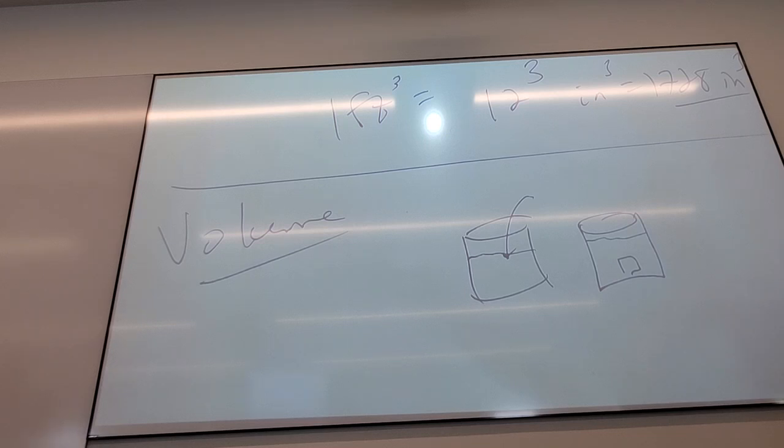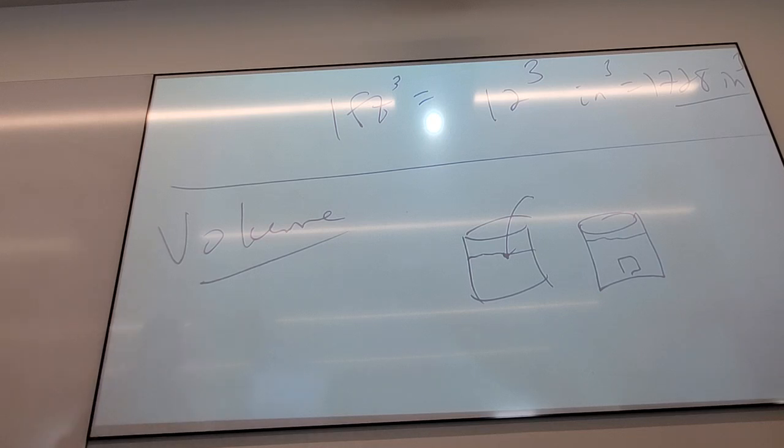If I put something in the water and I see how much the water has changed its level, could I figure out the volume of the object I put into the water? The only reason the water's been displaced is because I put the object in.